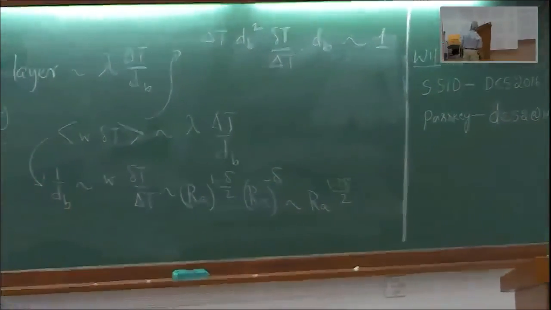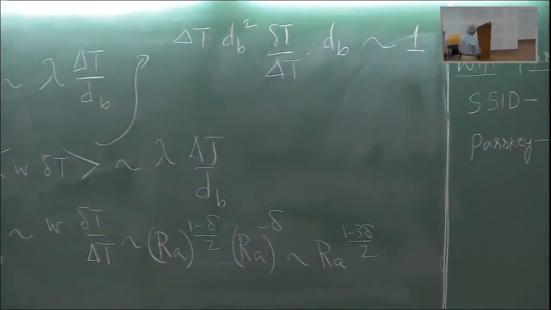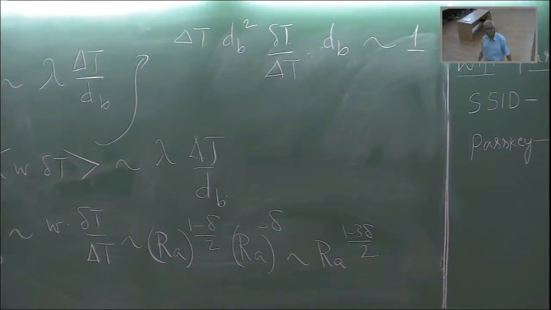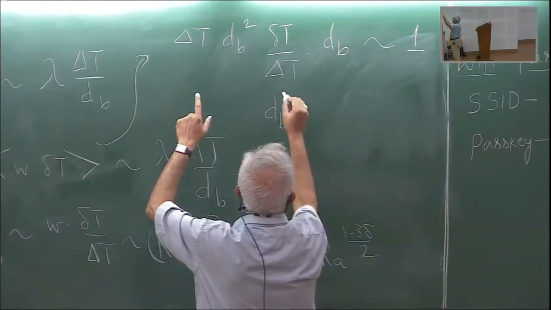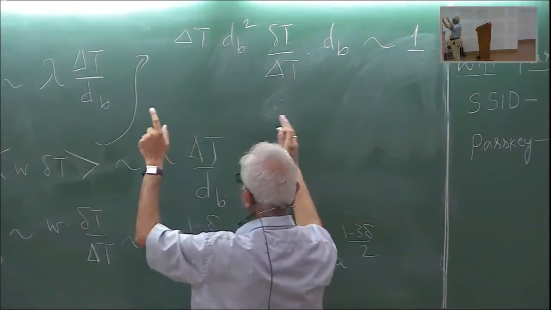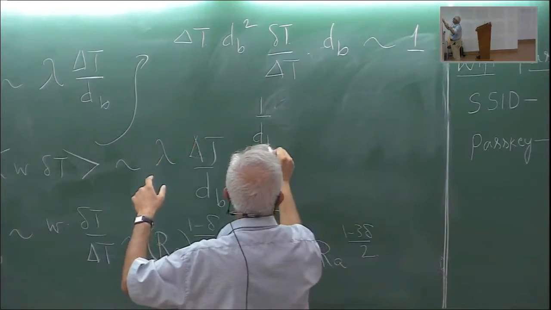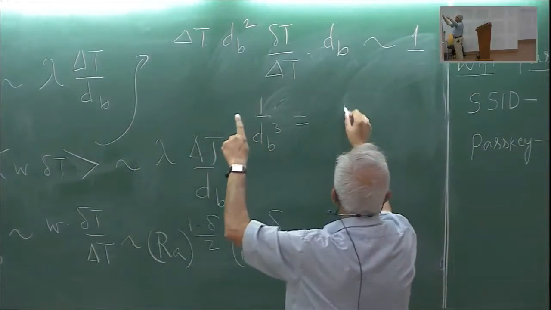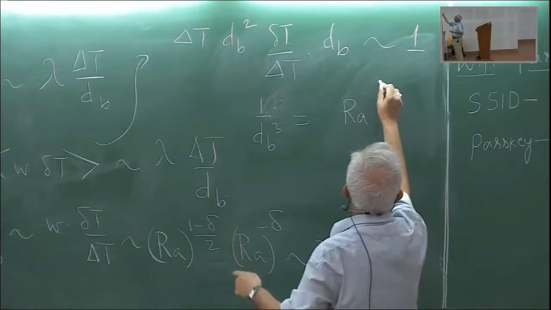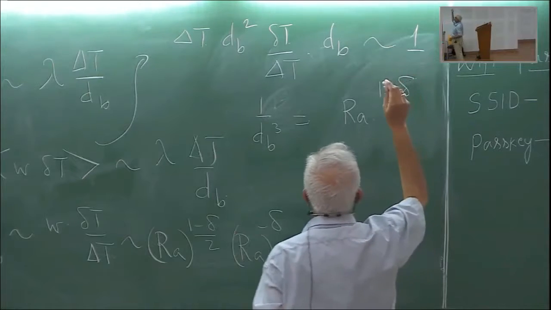I have left only the terms which involve Rayleigh numbers and fluctuations. So dB is what I'm interested in. So this tells me 1 over dB cubed is equal to delta T, which is Ra to the power 1 minus delta.